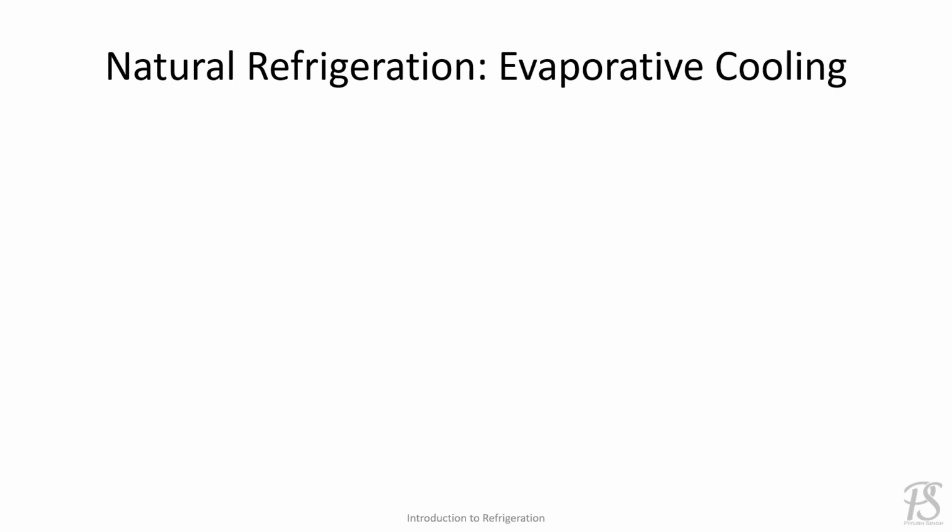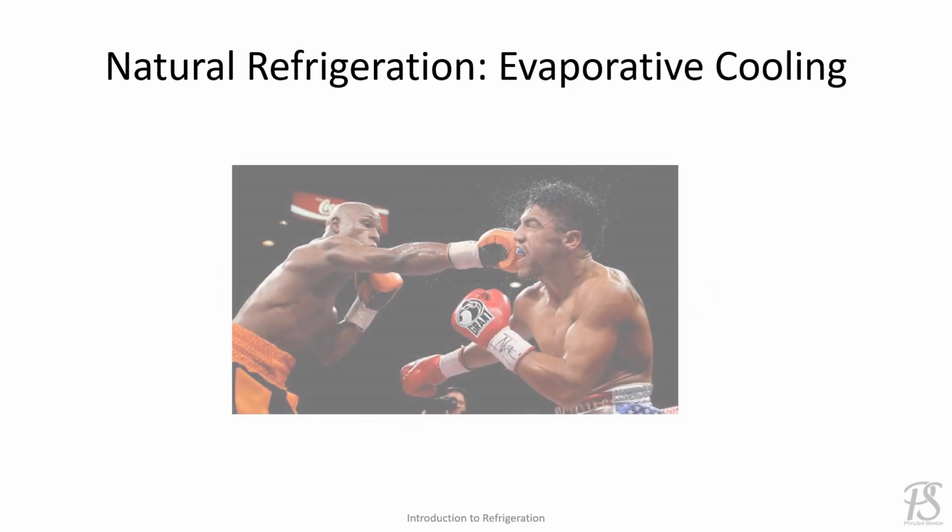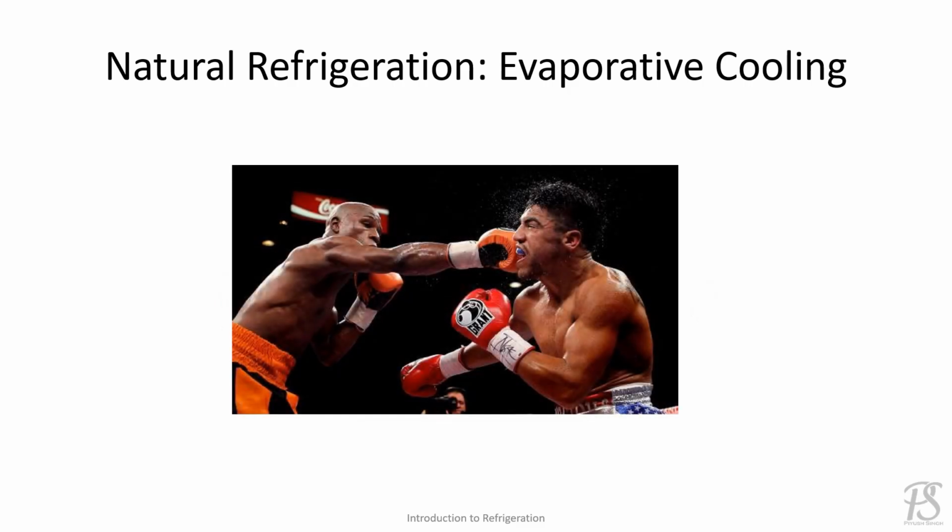Next is evaporative cooling. It is the process of reducing the temperature of a system by evaporating water or some other liquid. It is the working principle of desert coolers as shown in this figure. This also finds application in air conditioning, cooling towers, etc. Human beings dissipate their metabolic heat by evaporative cooling of sweat if the ambient temperature is more than skin temperature.